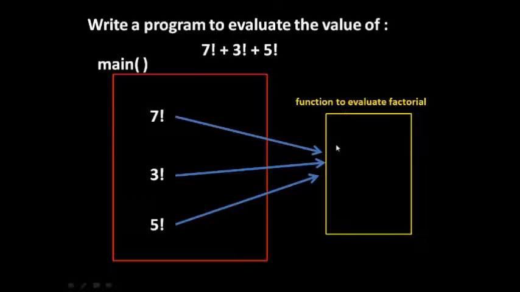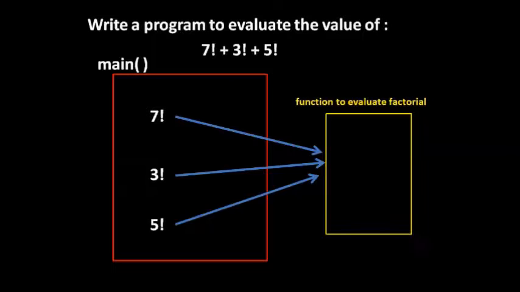It can be called many times, and every time it can operate on a separate data set. It can be called at many portions of the program. So this is the benefit of defining your own function within the C program.